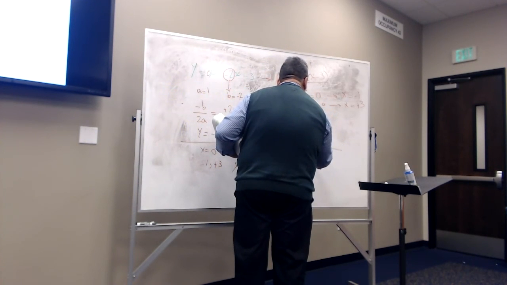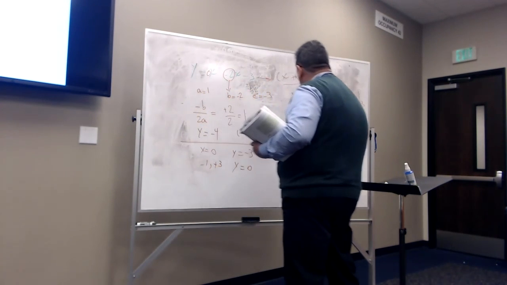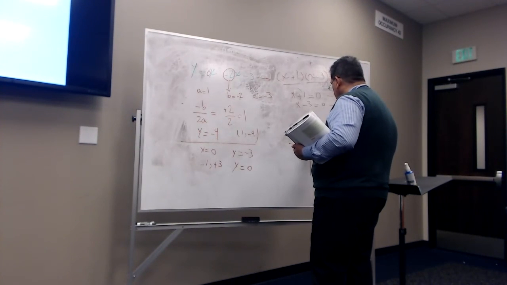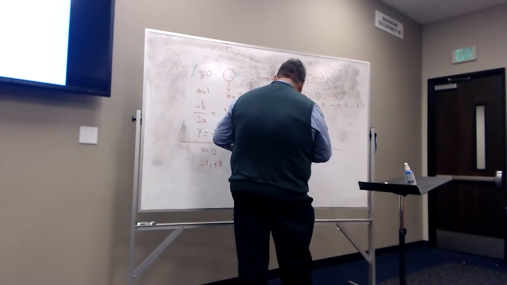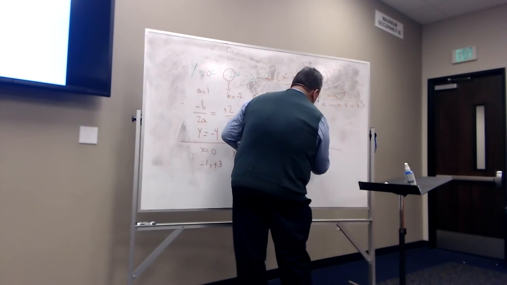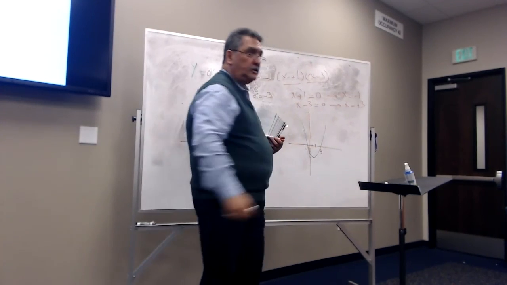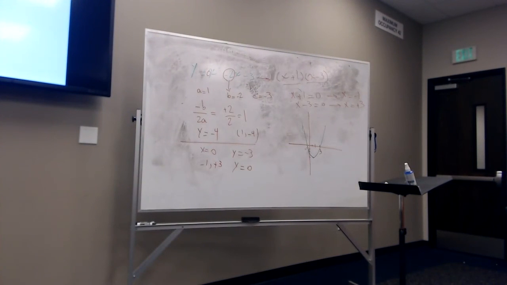So 1, 2, 3. It has to go through this point. The x-intercepts, when y is 0, I got two points, -1 and +3. Are you guys following? So I connect these. Sorry for my line. Okay. That's it. You're done.